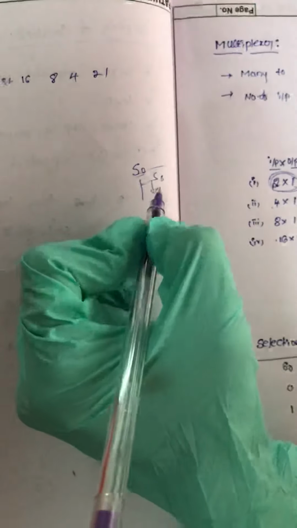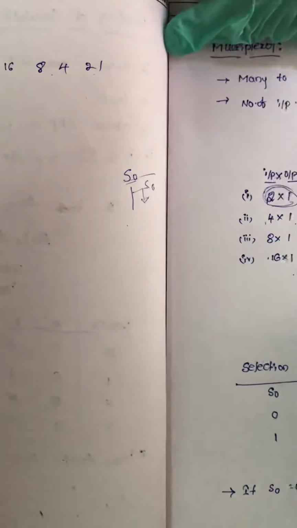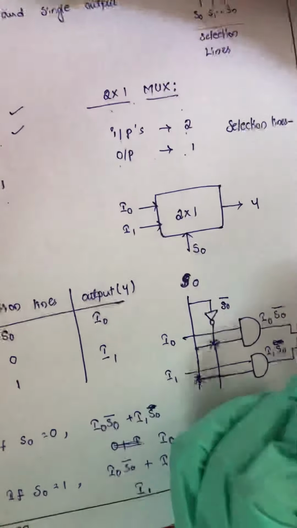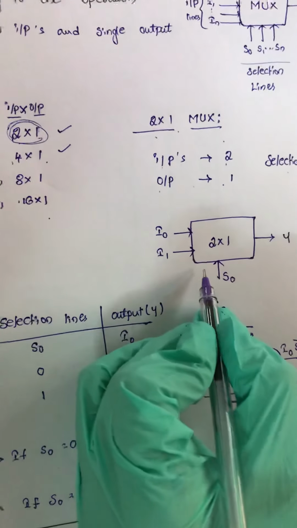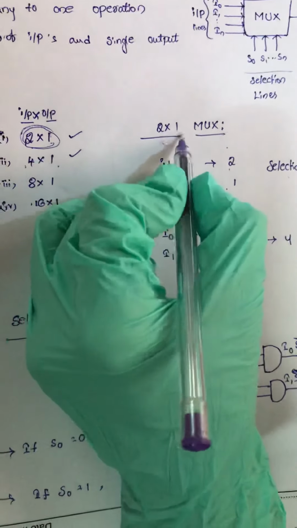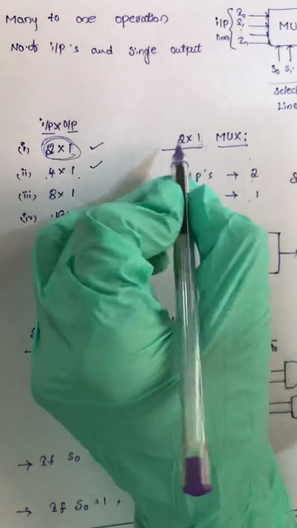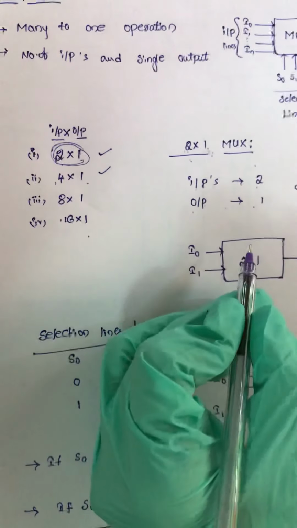So for 2 inputs we are using a single selection line, that is S0. The block diagram of the 2 to 1 multiplexer can also be represented as 2 cross 1, 2 into 1, or 2 to 1.